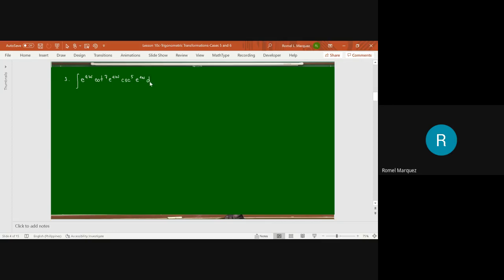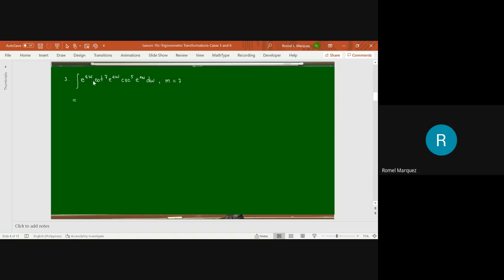Then dw. Okay, guys? What's the exponent of cotangent? 7. And it is a combination of powers of cotangent and cosecant. Cosecant is raised to 5, so it means it is not case 4, no? So we have no choice but use case 5 only here.